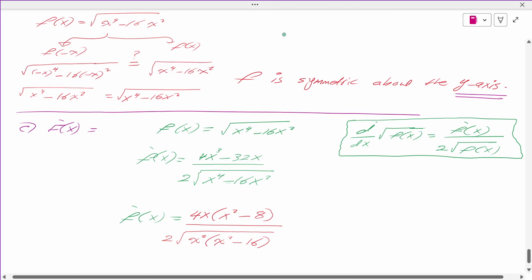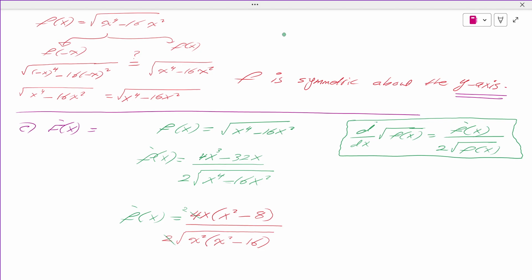Okay, how can this help? We can cancel this 2 with this 4, but the 4 becomes 2. So this simplifies to what? 2x, right? X squared minus 8 all over what? Now this is the square root of x squared times the square root of x squared minus 16. So I distributed the square root because it's a product of two things, x squared times the bracket.